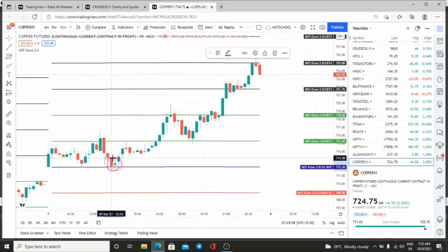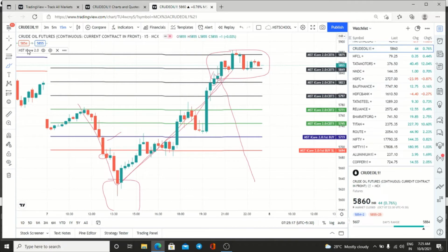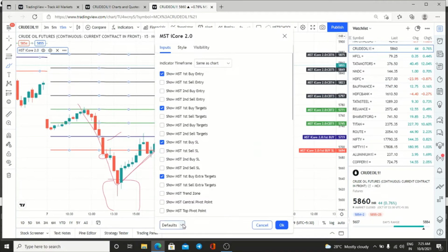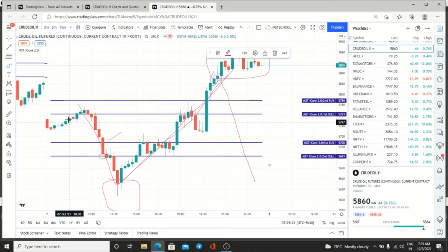See, you have to follow the same procedure for the sell entry. Suppose yesterday in crude oil, what happened? This candle is the perfect candle. Immediately you have got the entry, but the low of the second candle should be broken.